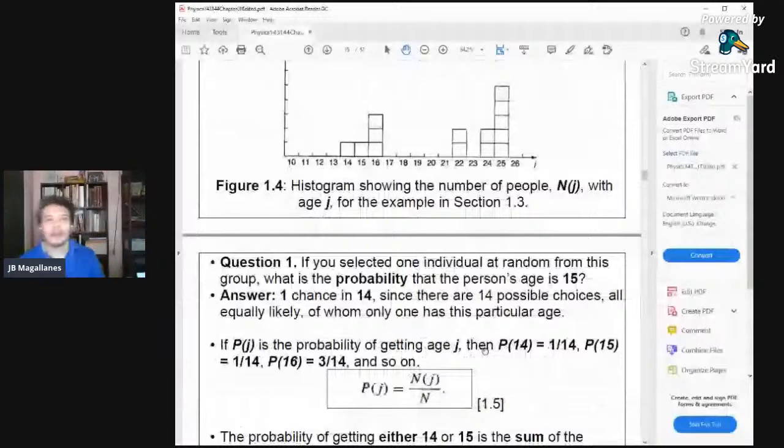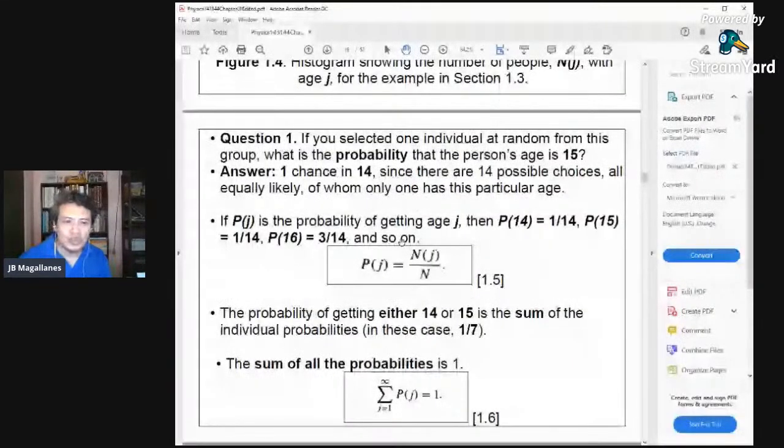So question number 1. If you selected one individual at random from this group, what is the probability that the person's age is 15? The answer for that is 1 chance in 14, or 1 over 14, since there are 14 possible choices and only one has the age 15.